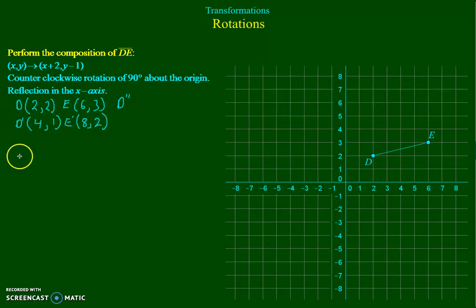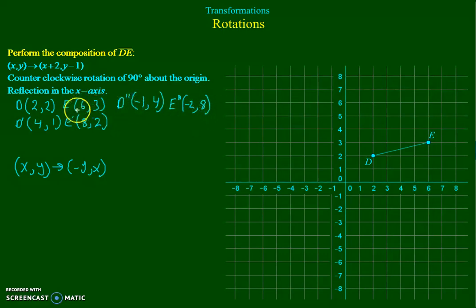And let's write it. (x, y) goes to (-y, x). So D prime, (-y, x), and E double prime, that was D double prime, (-y, x), which is (-2, 8).